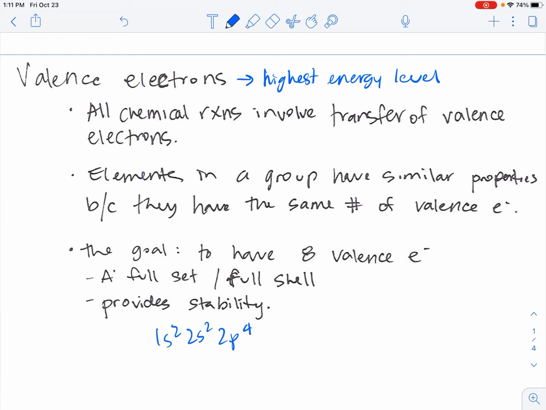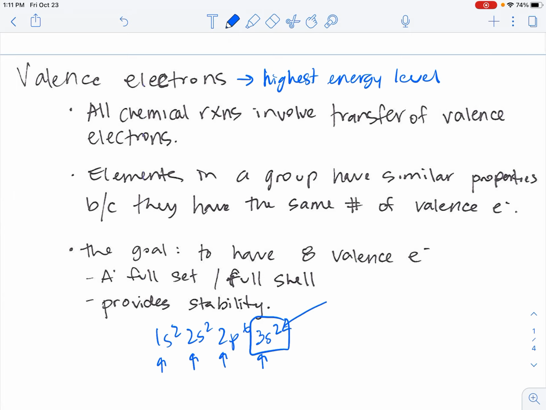Let's call this 2p6, make our lives just a little bit easier, 3s2. The energy level is the biggest number, all the ones I'm just pointing to right now. That's the energy level. And so the electrons in the highest energy level are the ones at the biggest number. So 3 is the biggest number, and we have 2 valence electrons there. So 2 valence electrons for this particular atom.